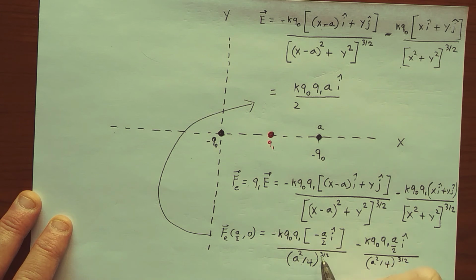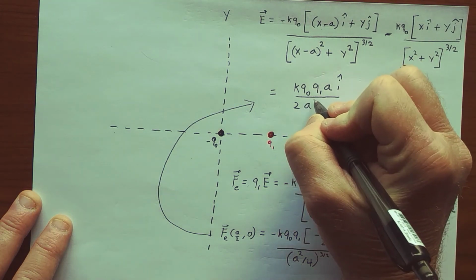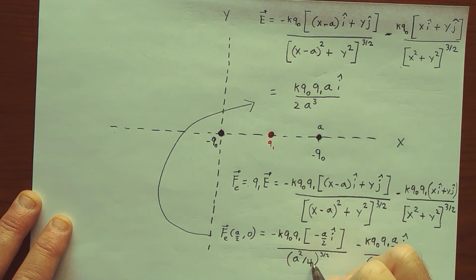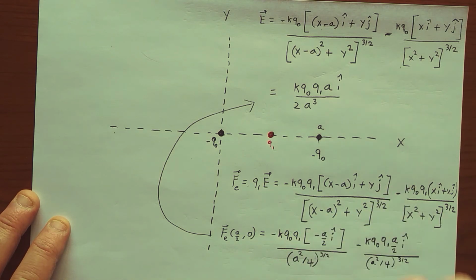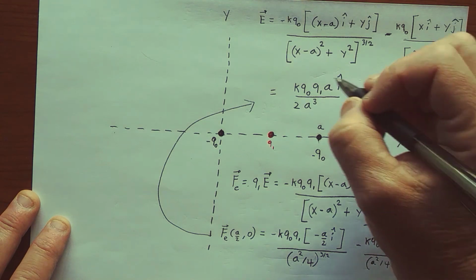That's the same thing as a cubed, so I get an a cubed, and I have the 4 to the 3 halves. That's 2 squared, so that's really 2 to the 3rd, but in the numerator. So that's 2 times 2 is 4, 4 times 2 is 8, so I have a factor of 8 here.